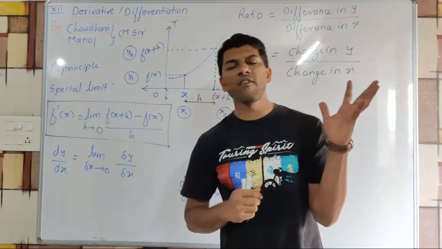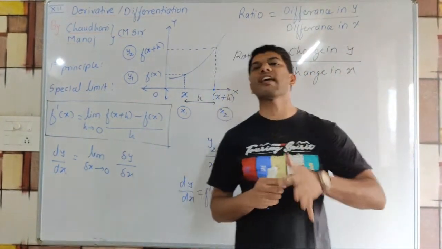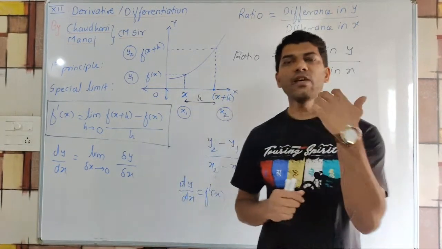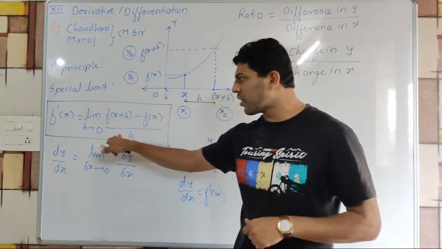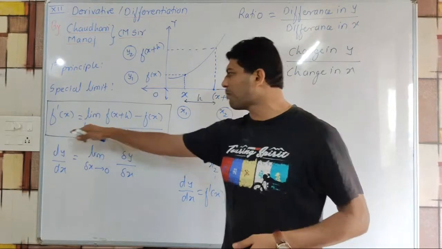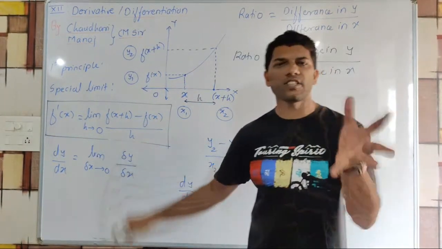One was a very famous personality, Newton. Newton worked heavily on calculus and on the derivative, and he gave us symbols like f dash of x, f of x plus h, f of x and h.